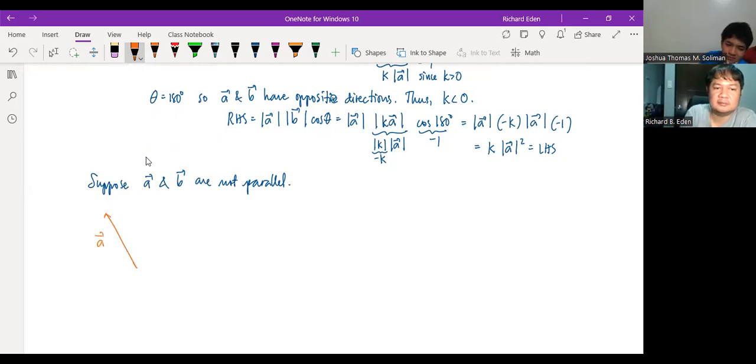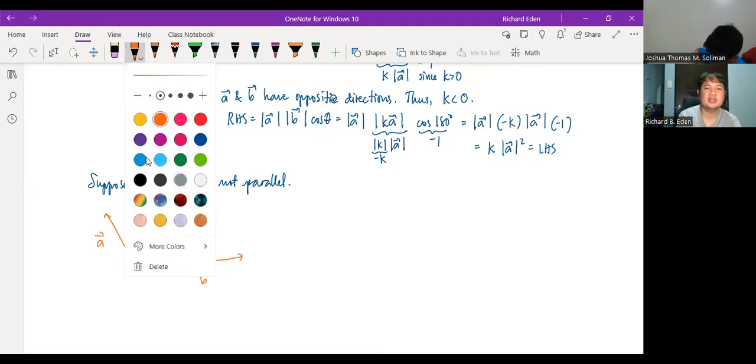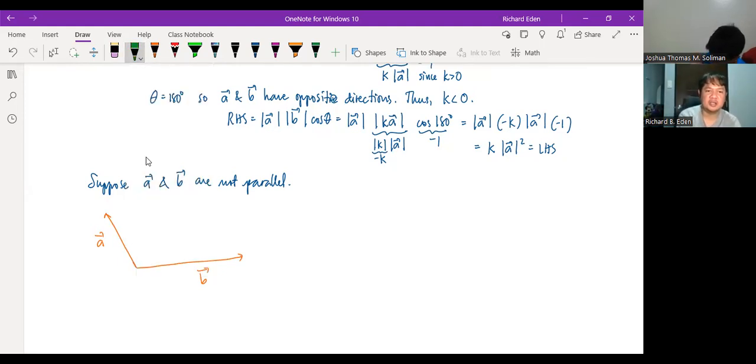A and then vector B, and then actually, ano ba ang gusto kong buuin? I want to form, I want to draw the sum. Wait, is it the sum ba? Or actually, ganito. I already have a triangle here. Ito, Joshua.